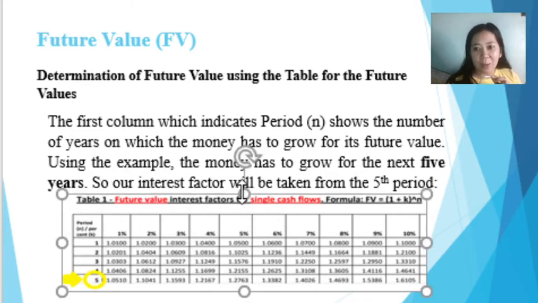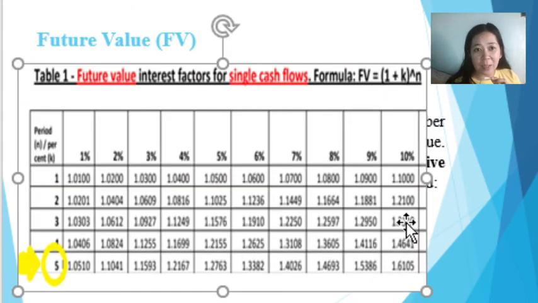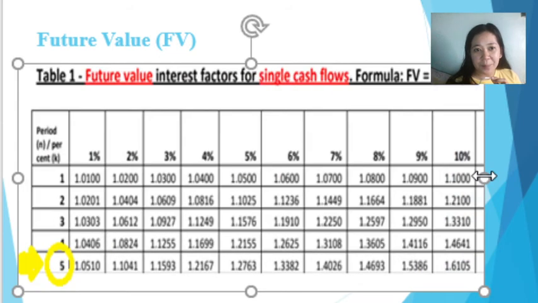In the first column right here, this actually shows the number of years. If you expand this so that you can see it clear, this first column refers to the number of years. If you could still remember in the problem that we used, we will be placing the investment for 5 years. So in this column, we will choose the fifth period, which refers also to the fifth year.